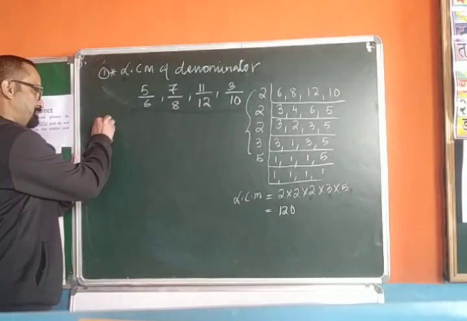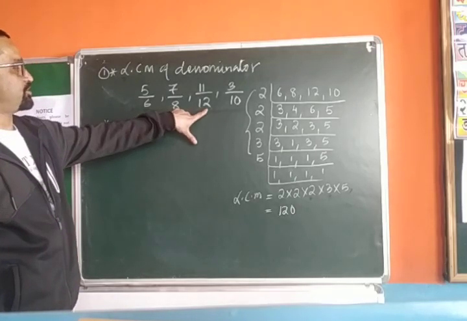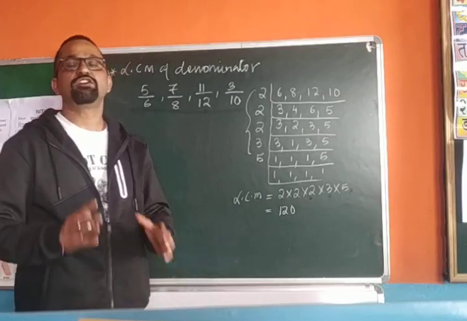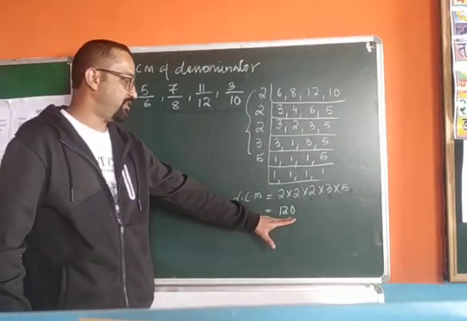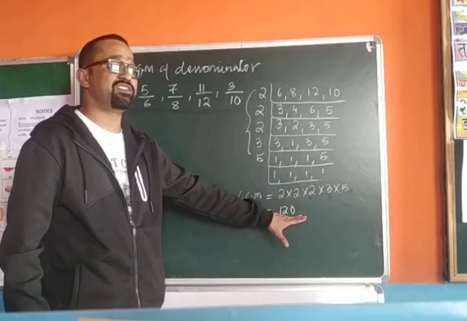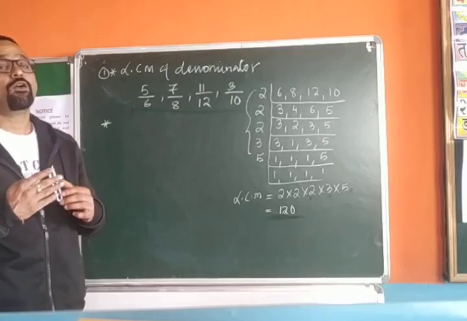Now second step, multiply denominators with a suitable number such that the denominator gets converted to 120.